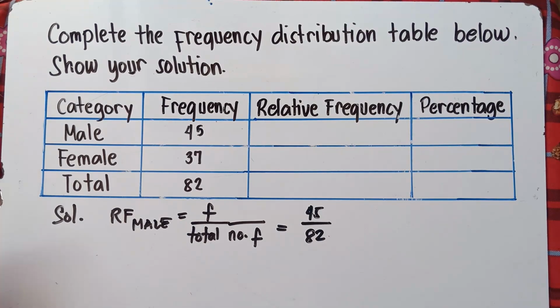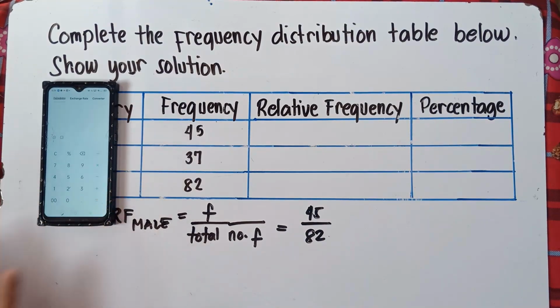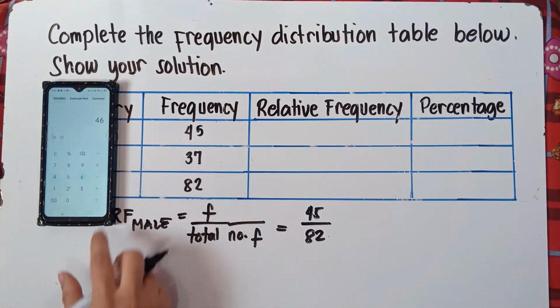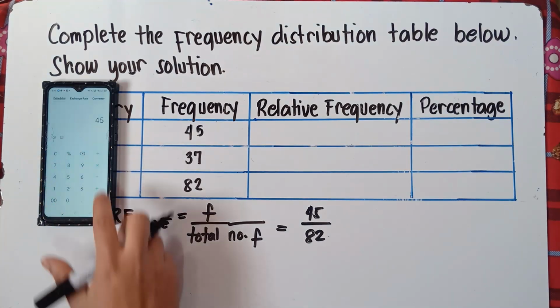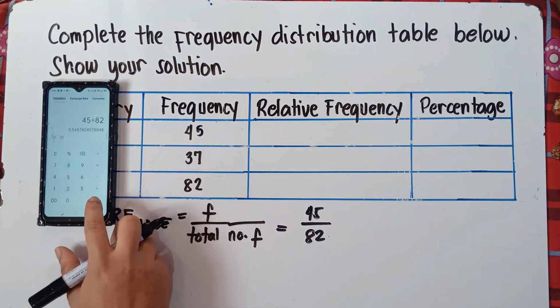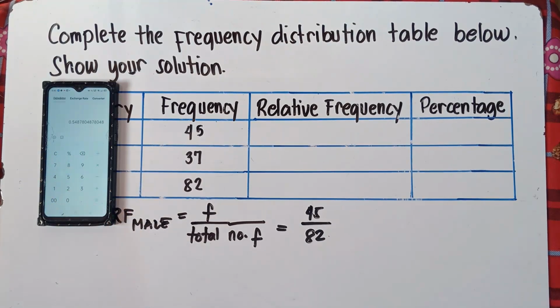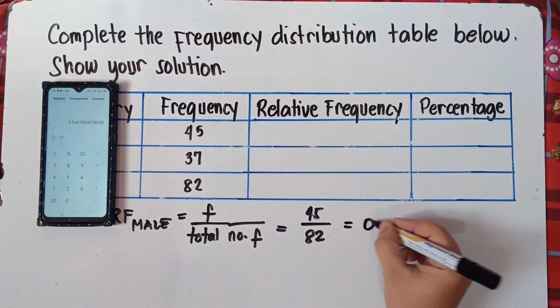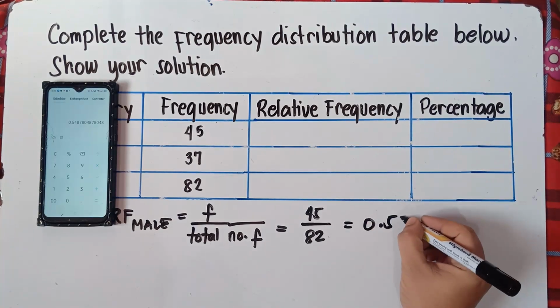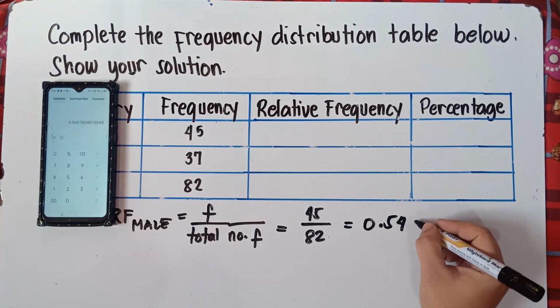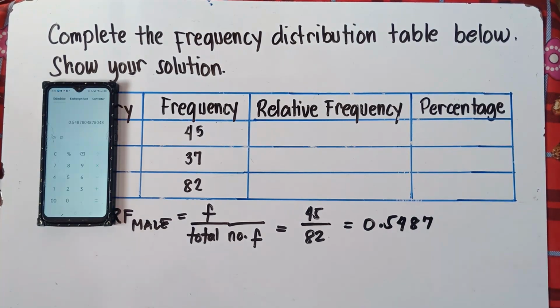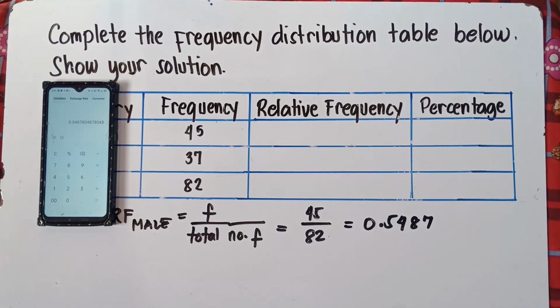Let's use our cell phone: 45 divided by 82, and the answer is 0.5487.